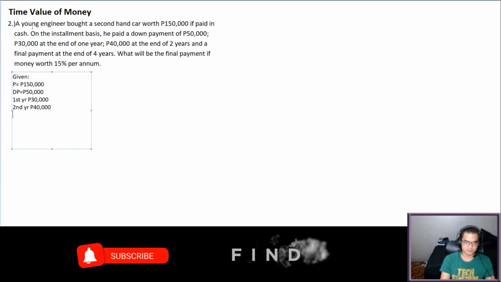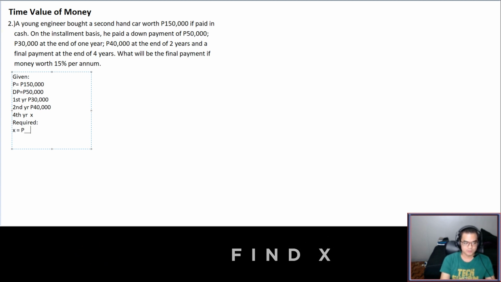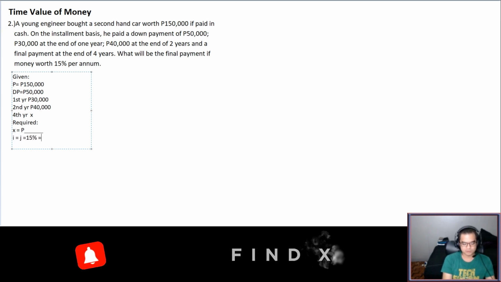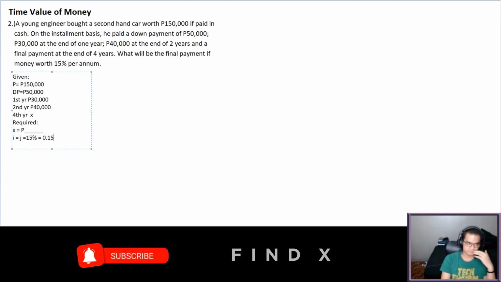We don't know that payment, and that's what we are looking for, so let's call it X. Don't forget the interest rate is 15% per annum. If that is per annum, it's compounded annually, so I and J are just equal: I equals J equals 15%, or 0.15.